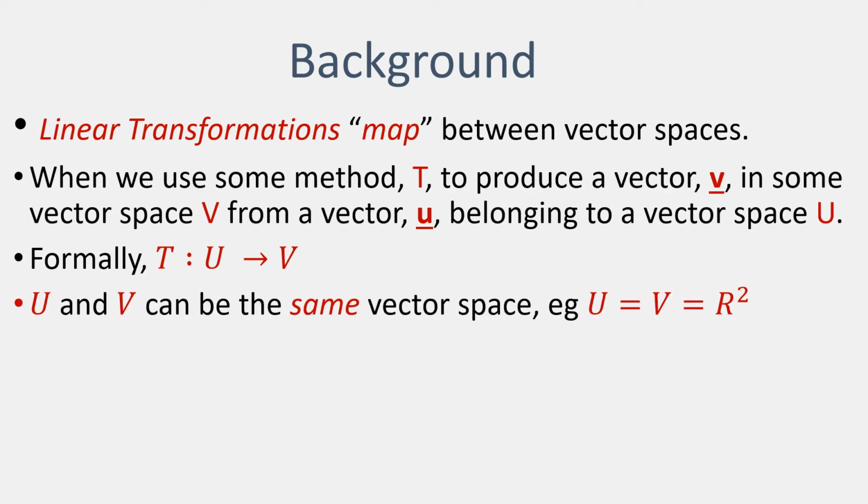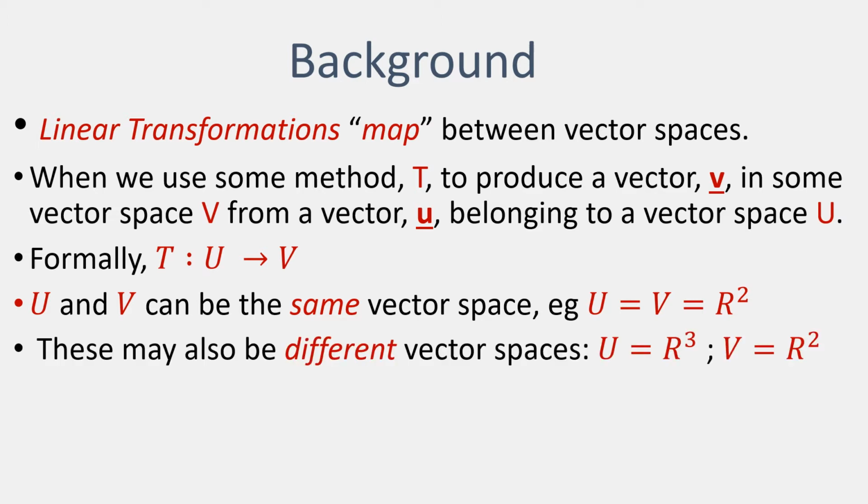Now, U and V do not have to be different. They can be exactly the same vector space. An example is the set of pairs of real numbers, which we saw in the previous lecture, defines a vector space. But it can also be different vector spaces. We can have one as a set of triples of real numbers and the other as a set of pairs of real numbers.